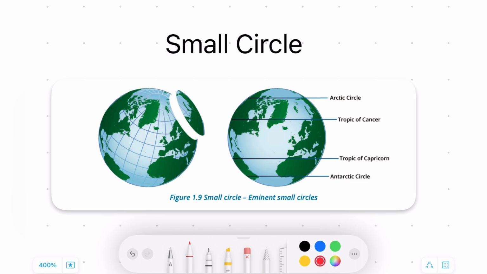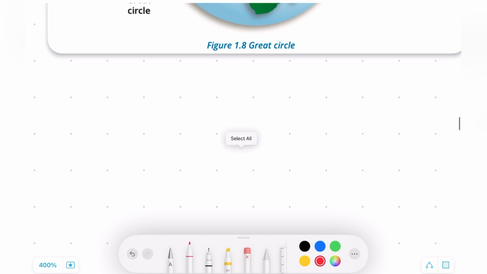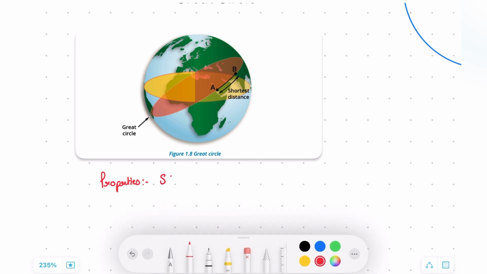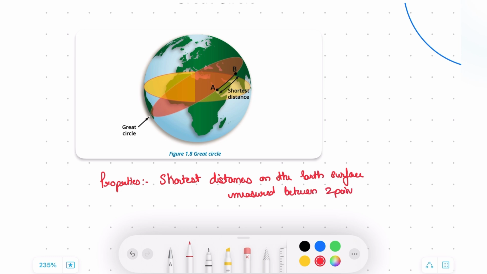So now let's quickly look at some properties of great circles. So what are some properties of a great circle? Firstly, we've already discussed that these are the shortest distances on the Earth's surface measured between 2 points.